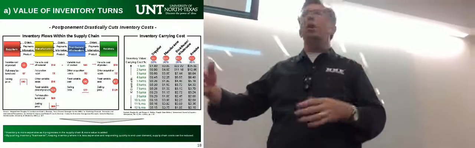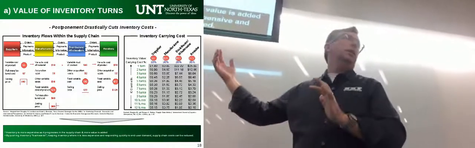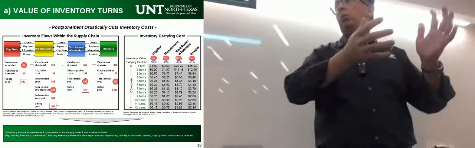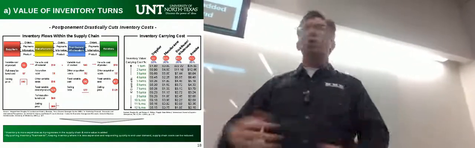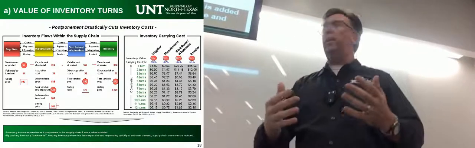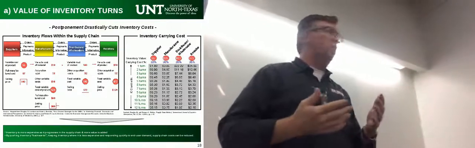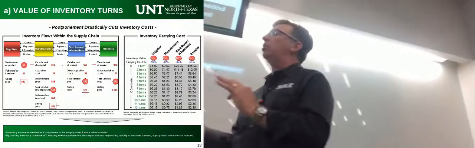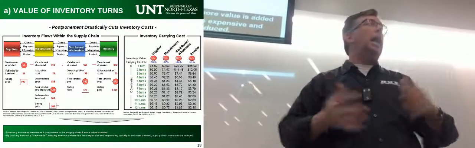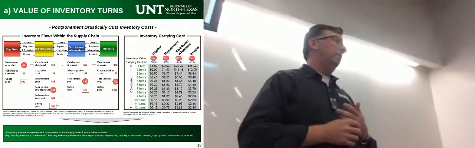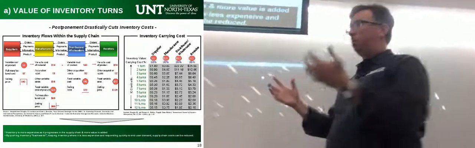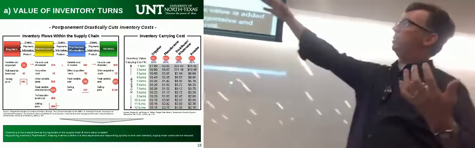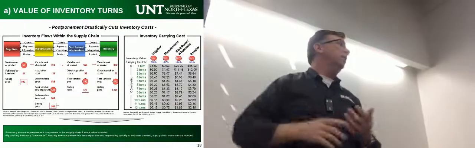Moving sand from northern Wisconsin and bringing it to a frack job at an oil well in southeast Texas, just moving it closer to the oil well, is adding value. That distribution cost, the packaging, anything associated with moving it up the supply chain adds value to that inventory. So if inventory is getting more valuable and thus more expensive as it moves up the supply chain, that's what this chart on the left is showing.